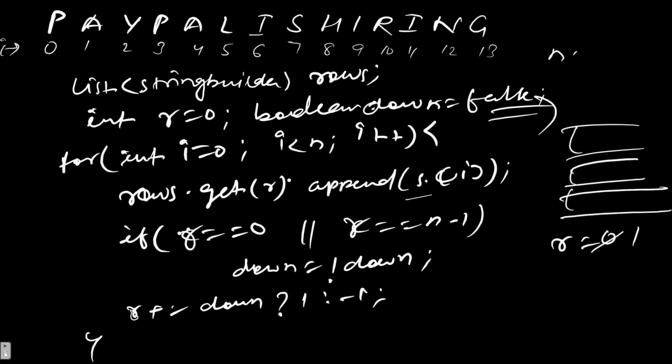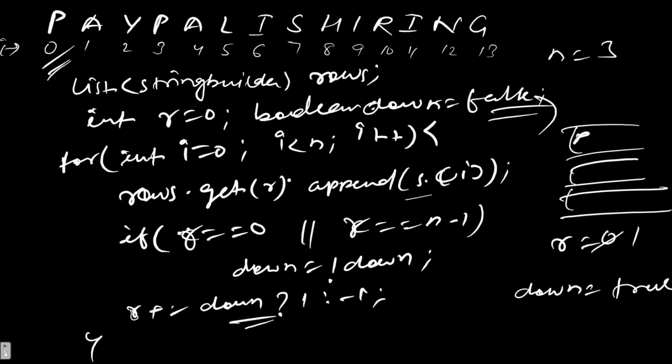So let's say n equal to 3. At starting we are at 0, so we will get row 1 and append the current character, that is p. Then we'll check whether down is true, and if down is true, then we will increase our row by 1.